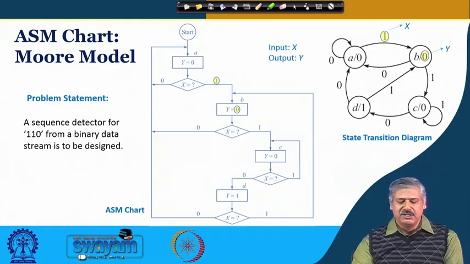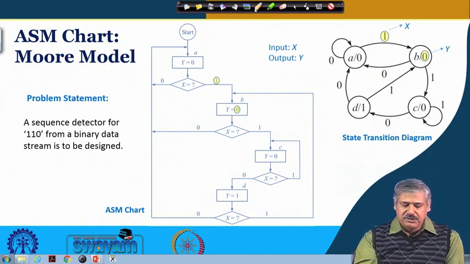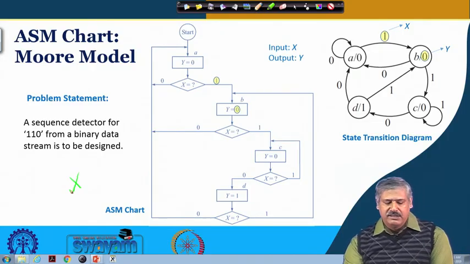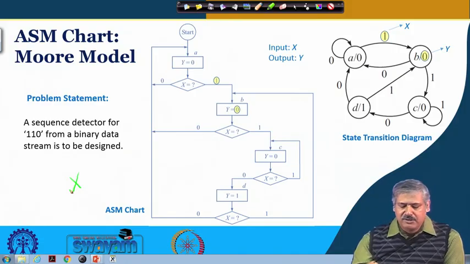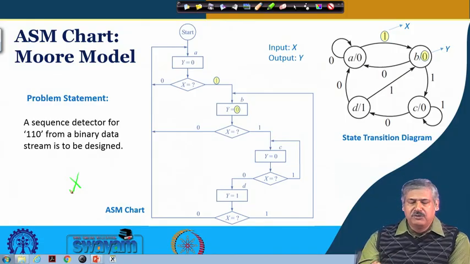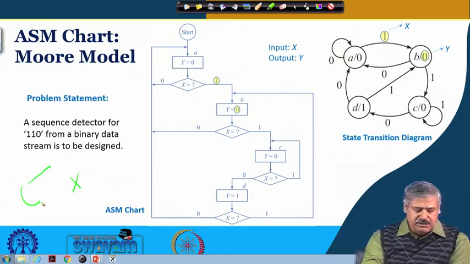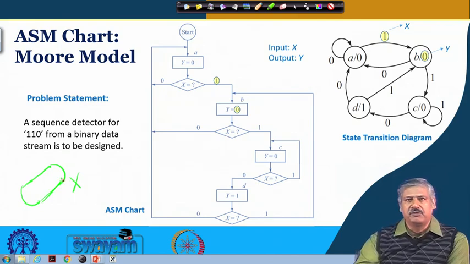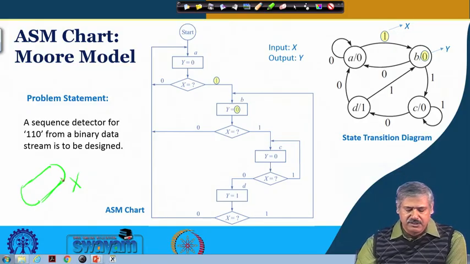So, there is only one input, which we have named x. Since it is a Moore model, output will be generated from the state, so the conditional output box will not be required. This symbol will not be required, and the state output will be written within the state box, as we discussed in the first slide, in the basic component related slide.